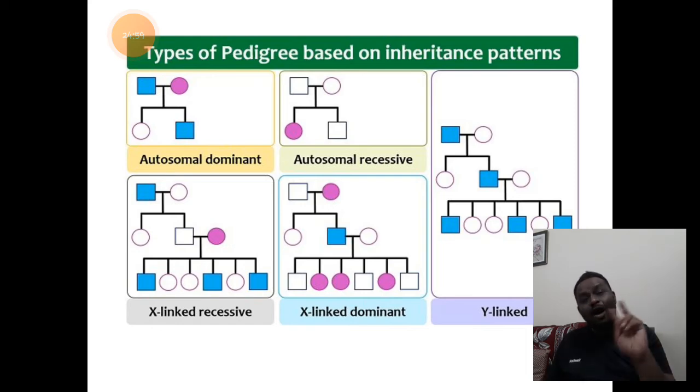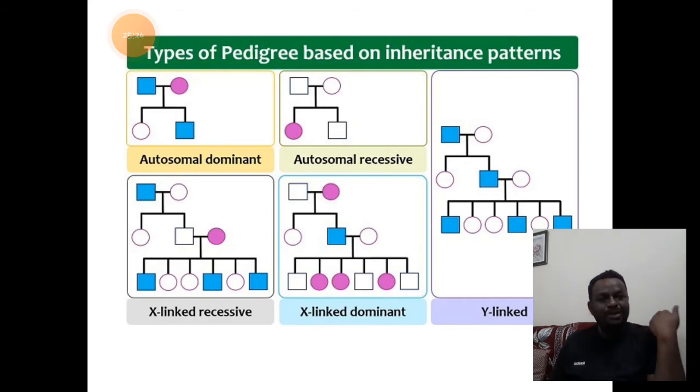Two normal parents will give birth to an affected individual. So here in this case the female is affected, whereas the rest are all normal. So this condition is called autosomal recessive. This is about autosomal types.